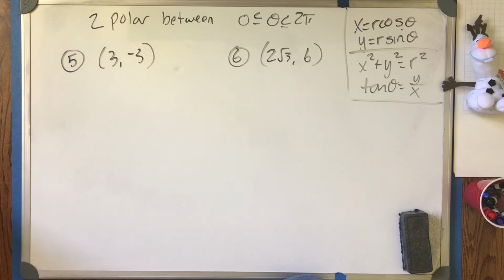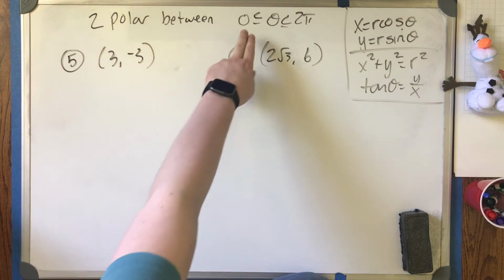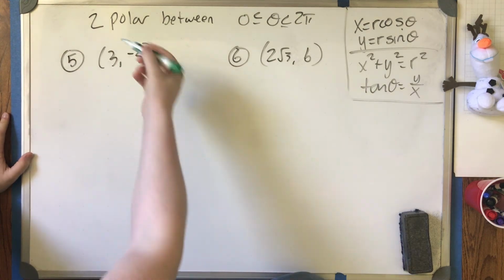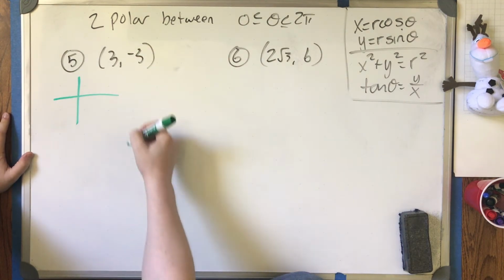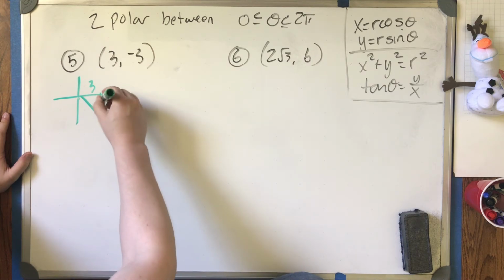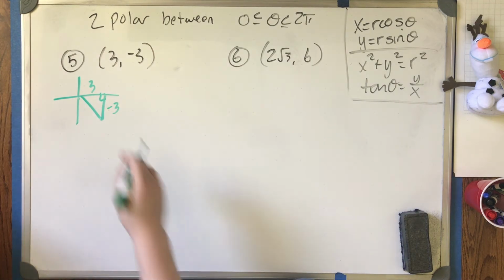For 5, 6, 7, and 8, we are given rectangular points, so x, y, and we're being asked to find 2 pairs of polar coordinates that work between 0 and 2π. So we're basically going to have to use a positive radius and a negative radius. So I always like to graph these things first just to see where they are. So positive 3, negative 3, that's going to be down here. And part of doing this allows me to actually see what this is.